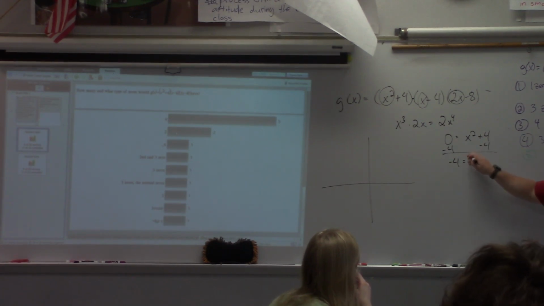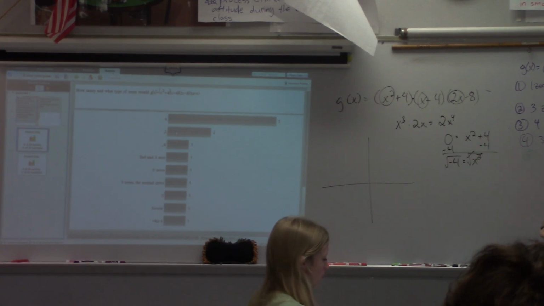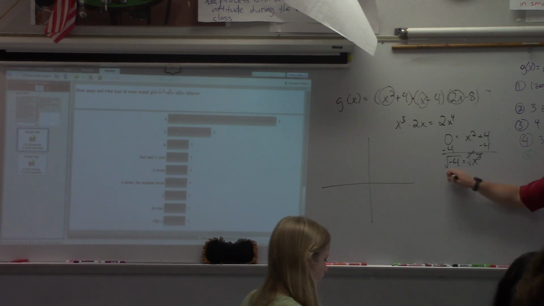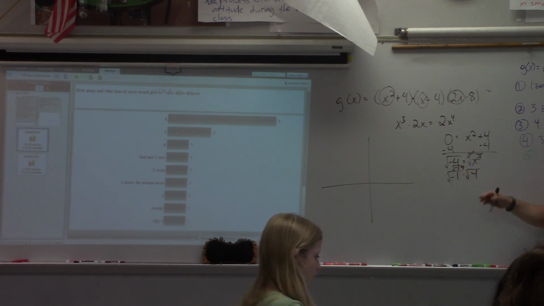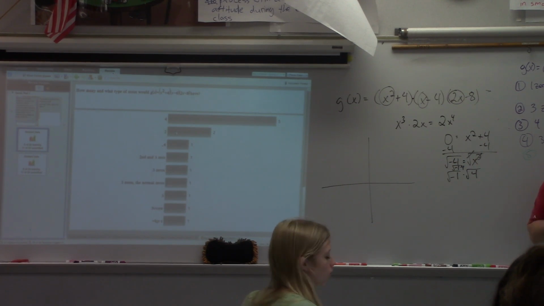I bring this up because of the detail I saw messed up on the test that I need you to learn from. From here, I'm going to rewrite this as the square root of negative 1 times the square root of 4. That i, ladies and gentlemen, is not negative 1. I said that time and time and time again. What is i? Square root.